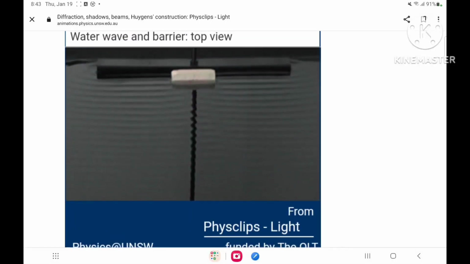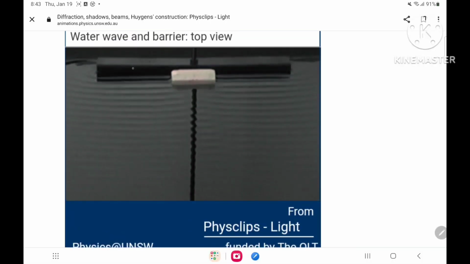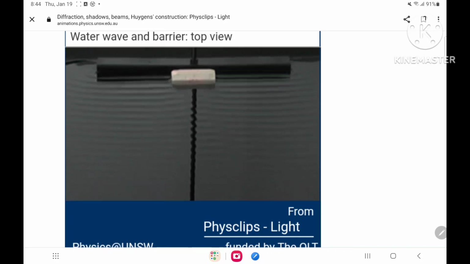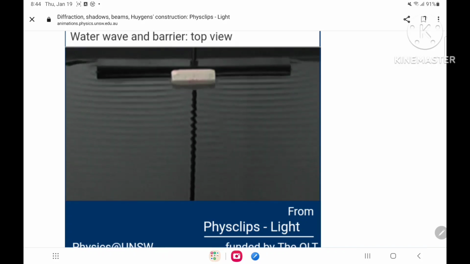Here you can see that there is a bar which is being set into vibration by some mechanical means, and that is giving rise to the waves on the surface of the water. These waves are kind of parallel waves, and they travel in the water, and they are made to face an obstacle which is shown here.